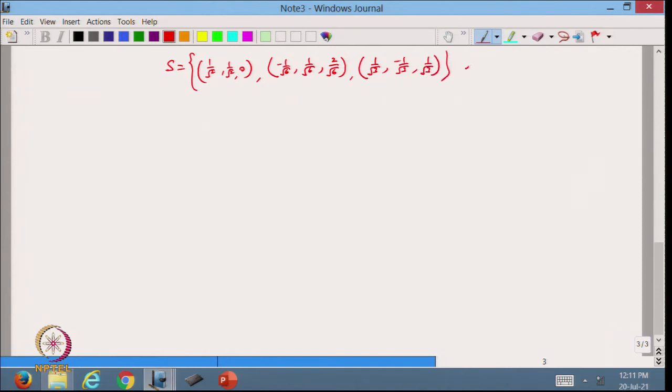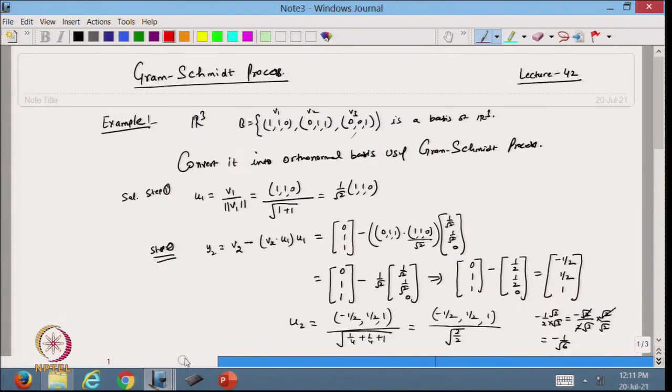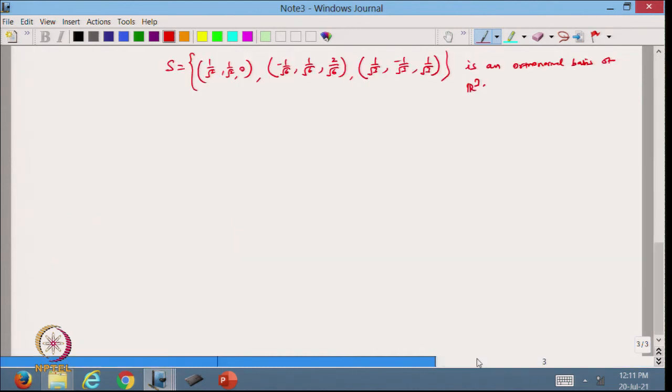So, this is an orthonormal basis of R3. So, we have changed the basis from B, that is the linearly independent basis, to the orthonormal basis.